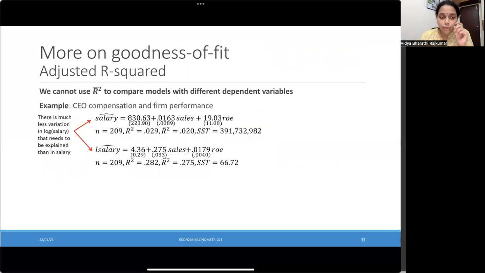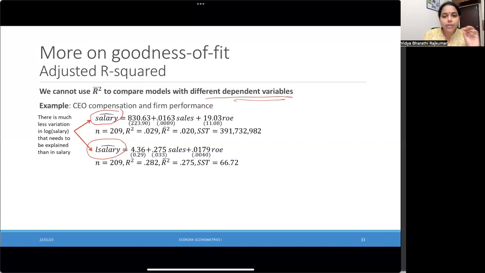Quick note, you cannot compare models based on their R square or R bar square if they have different dependent variables. So in this example, in the first model the dependent variable is salary. In the second model, the dependent variable is log of salary. Now, salary and log of salary are very different.